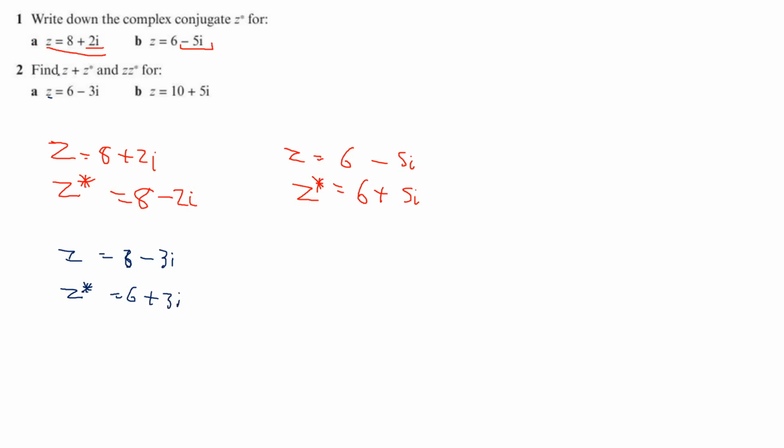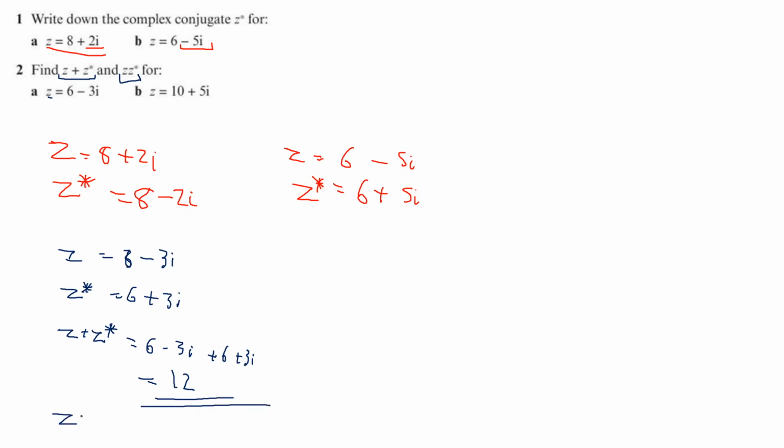We can work out the addition and the multiplication of the conjugate and the complex number, and it should cancel out the imaginary part. So z plus z star is going to be 6 minus 3i plus 6 plus 3i, yeah? Which is the same as 12, 3 minus 3 is 0, so it's just 12.